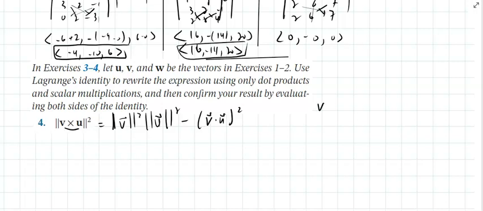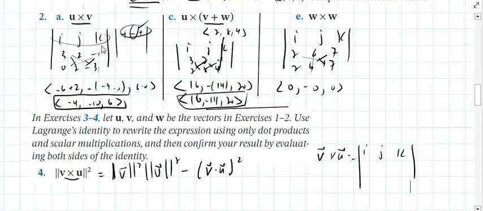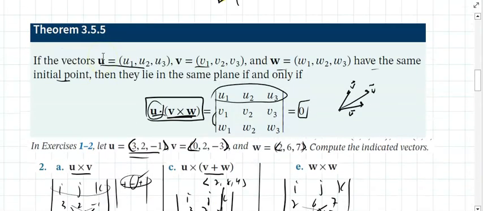If I take v crossed with u, that is i, j, k. List v first. V was 3, 2, -1. And list u after.